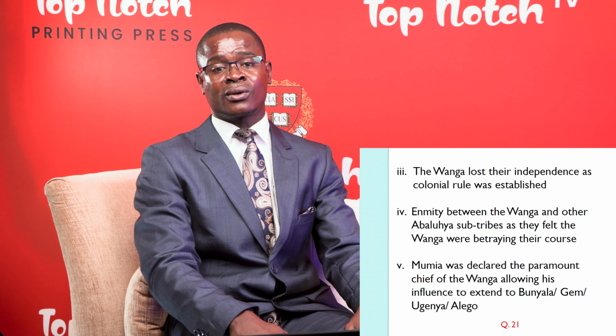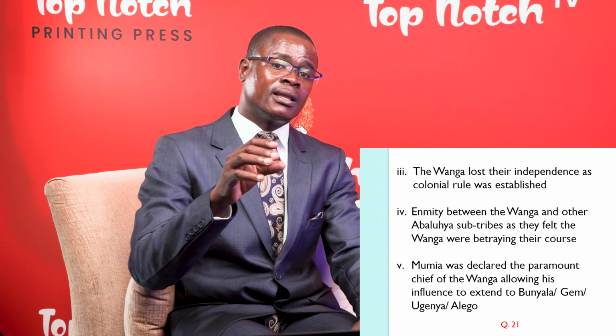Then the Wanga warriors became agents of the British colonialism, used to subdue the other resisting communities, or they were hired as mercenaries to help the British subdue other communities in Kenya that were also resisting the British colonial rule. Then they received material wealth for their collaboration through trade. It's normally said that the first African to own a bicycle in those parts of Western Kenya was Nabongo Mumia.